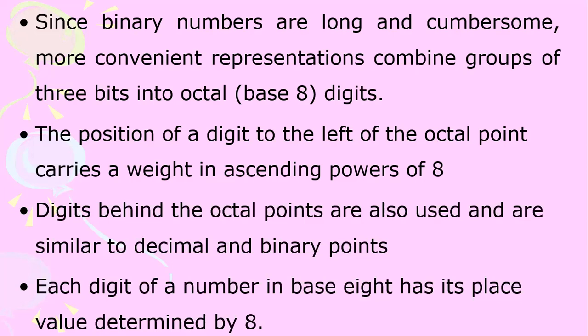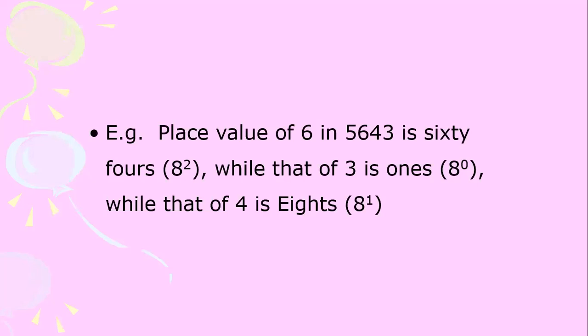Each digit of a number in base 8 has its place value determined by 8. For example, the place value of 6 in 5643 will be 64s, because it is 8 raised to power 2, while that of 3 is 1s, because it is 8 raised to 0, while that of 4 is 8s, because it is 8 raised to power 1.